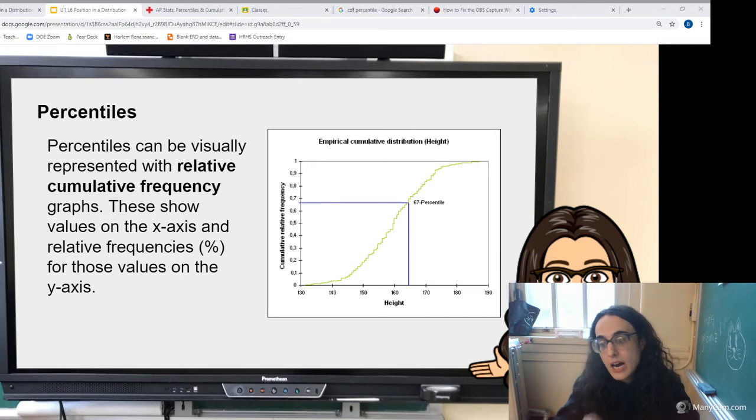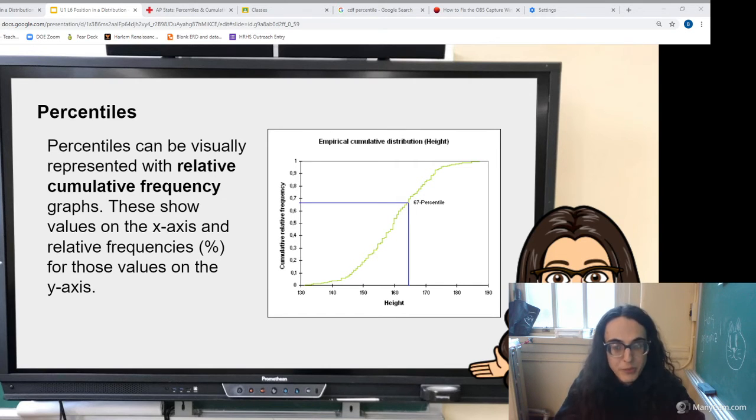And a really common way that we visualize these, again, say for instance that example of the weight chart that a pediatrician might be using, is what we call relative cumulative frequency graphs. So what does all of that mean, right? Relative frequency, we know that. We studied that when we did categorical variables. And what relative frequency means is what percentage of the distribution is at that value.